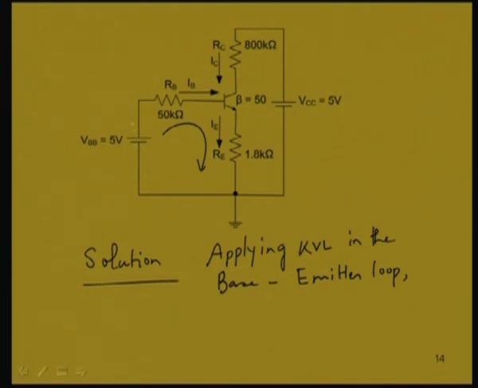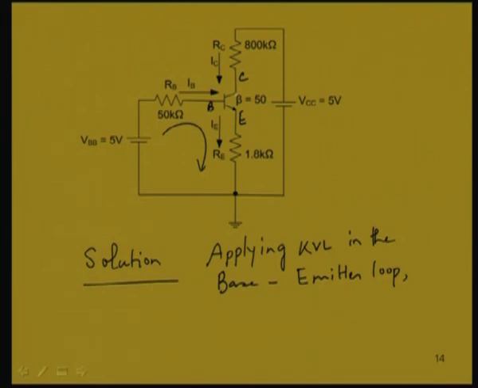So, VBB minus the current in the base terminal, IB, into RB, minus the base to emitter drop. This is the base point, this is the emitter, this is the collector. First of all we will be assuming that the transistor is on and in the active region, then we will verify that by finding out the collector to base voltage, whether it is reverse biased or not.